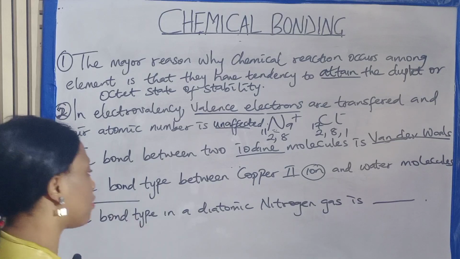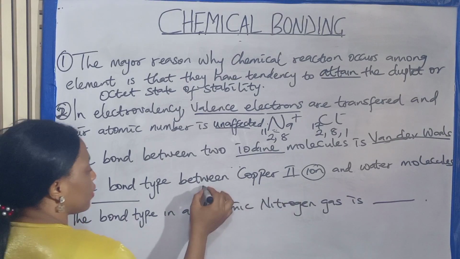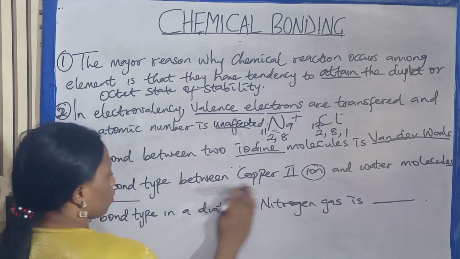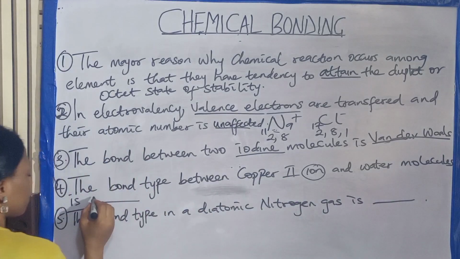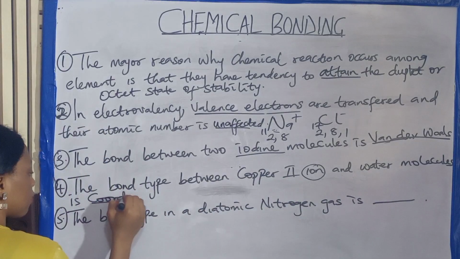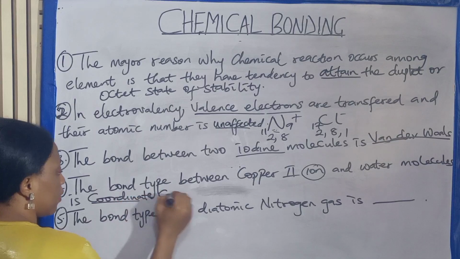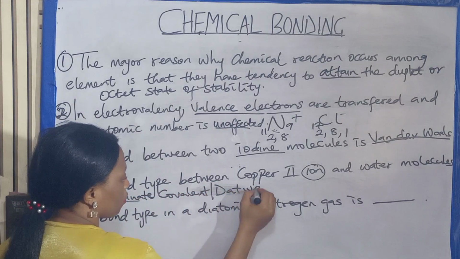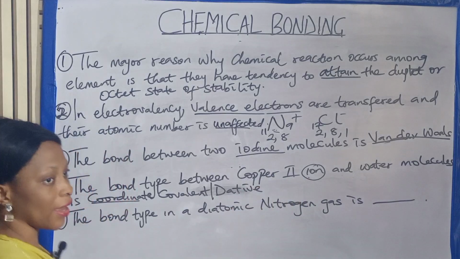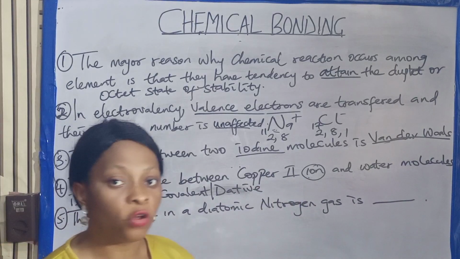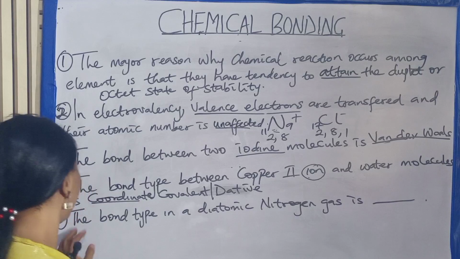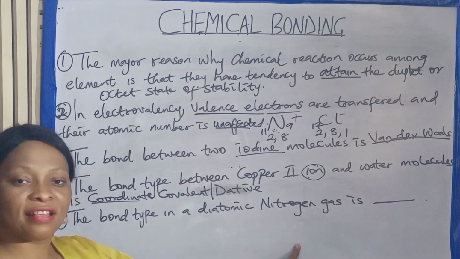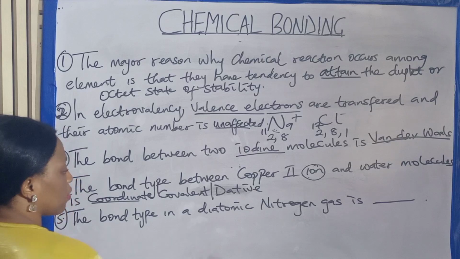Coordinate covalent. So the answer is coordinate covalent or dative. Once you hear ion, what comes to your mind? Coordinate covalent or dative.